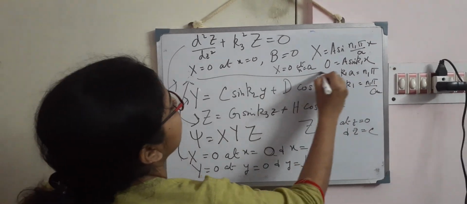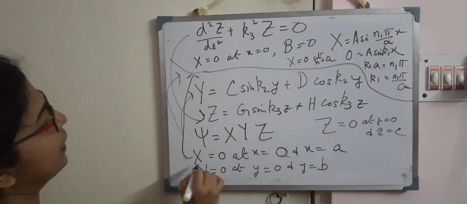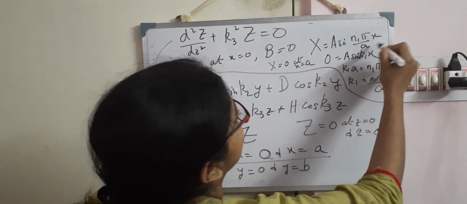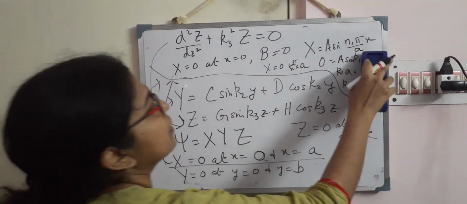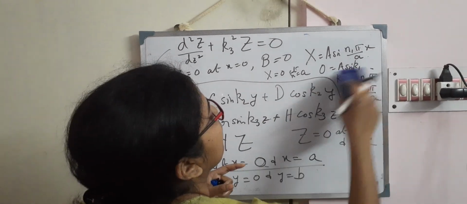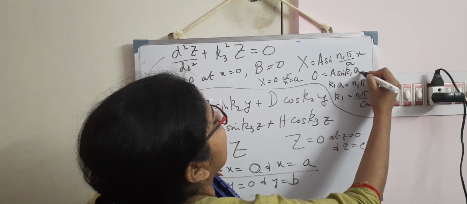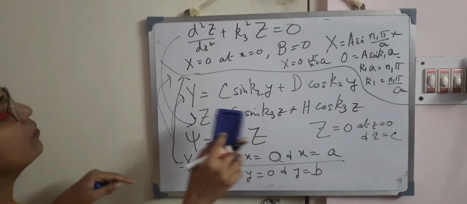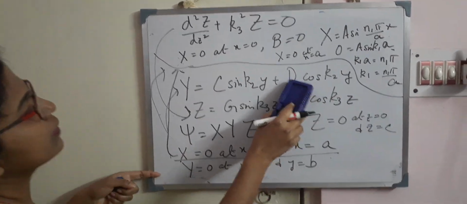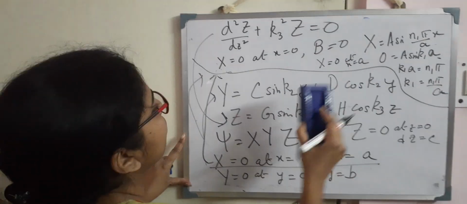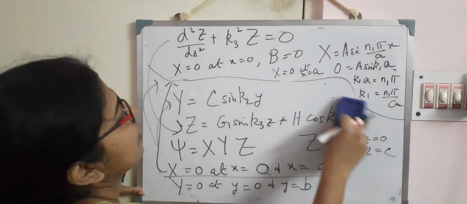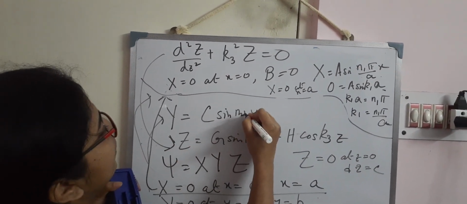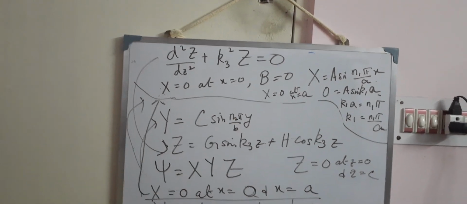This is what we have got by applying this boundary condition: capital X looks like a sin of n1 pi by a times x. Similarly, applying the boundary condition to Y, the constant d will be 0 and c will be non-zero, and k2 will be n2 pi by b, so Y looks like c sin of n2 pi by b times y.